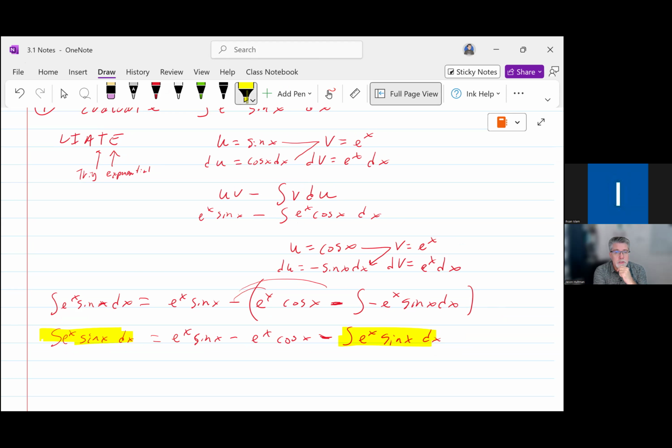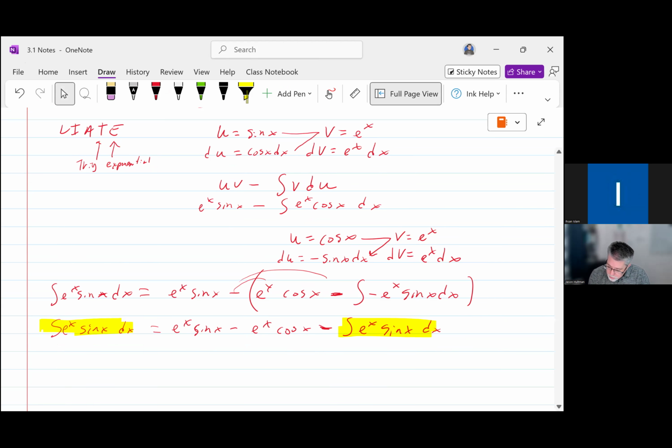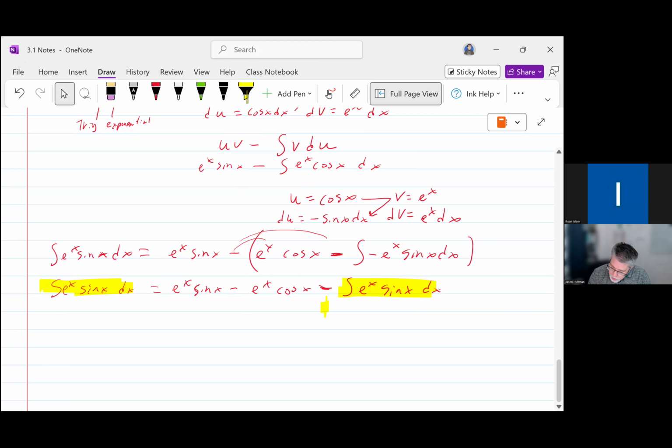Okay, because what that's going to allow me to do is get everything that's involved with an integral on the left-hand side and everything that is not being integrated on the right-hand side. So let's add e to the x sine x dx to both sides.